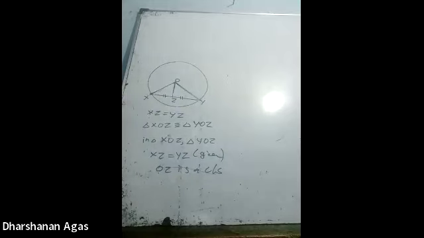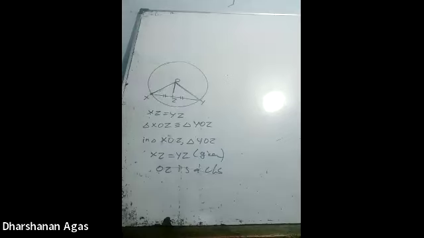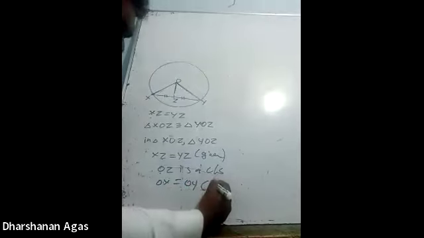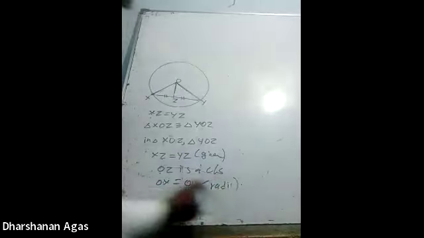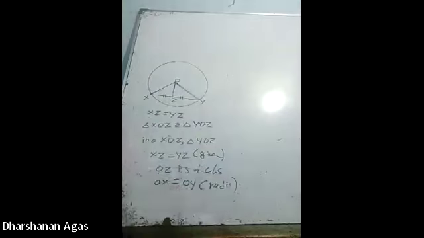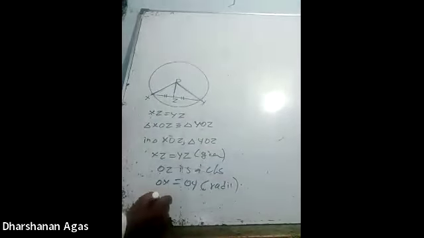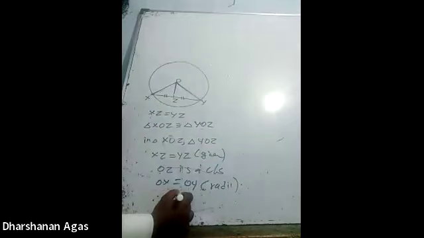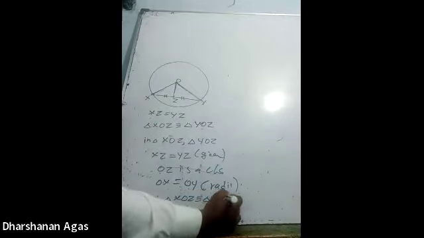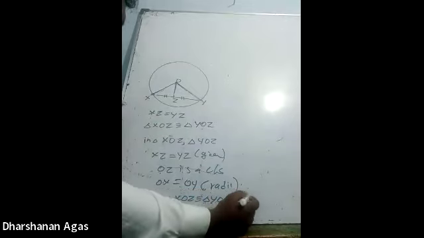How to show it is equal? Any ideas? Because of radius. Very good. O is the centre of the circle, so they are radii. OX equals OY. The singular is radius, the plural radii, because OX and OY are two radii. Therefore, triangle XOZ is congruent to triangle YOZ according to the case side, side, side.